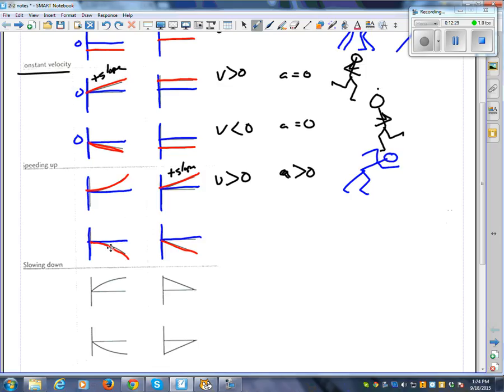Here we have negative slope. The velocity is below zero, so my velocity is negative. And my acceleration is also negative. And when they're both in the same direction, both positive or negative, that means that it's speeding up. Okay, so it means the stick figure person is accelerating in the other direction here.